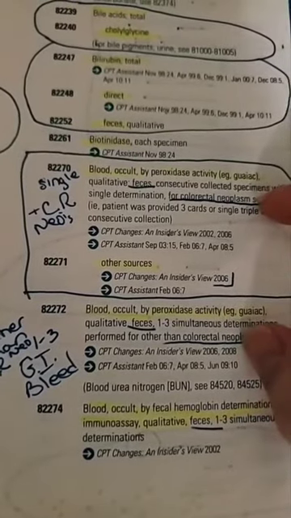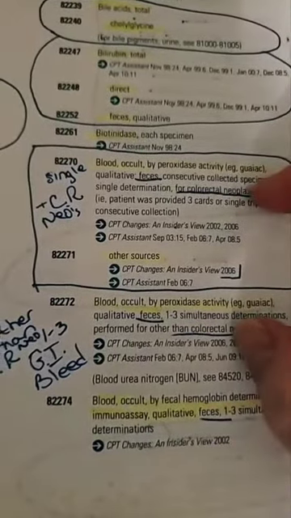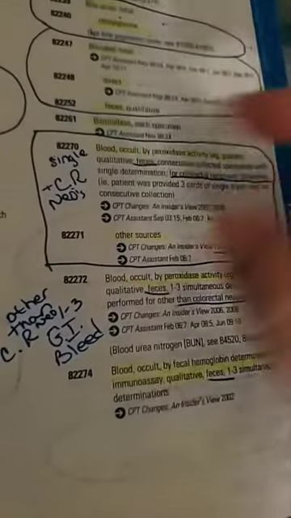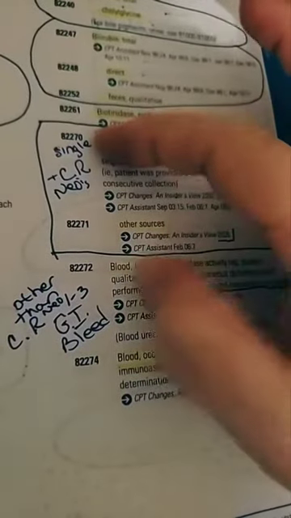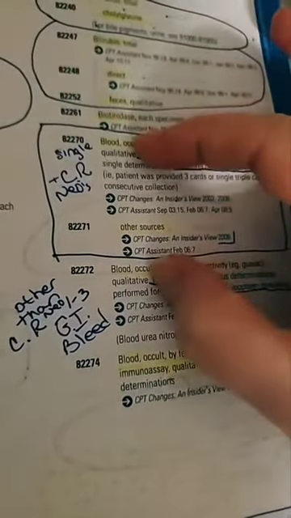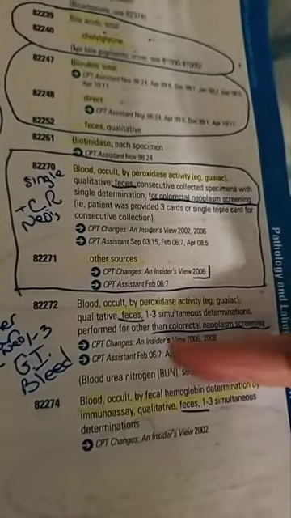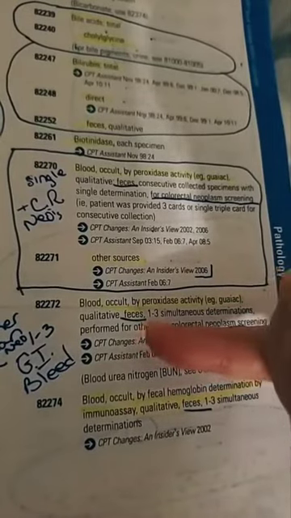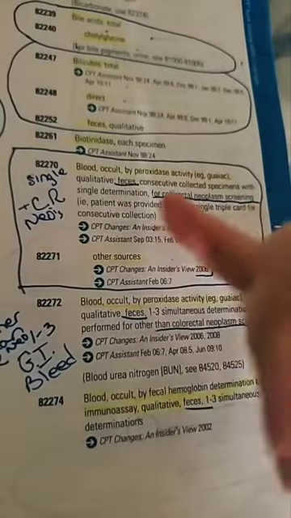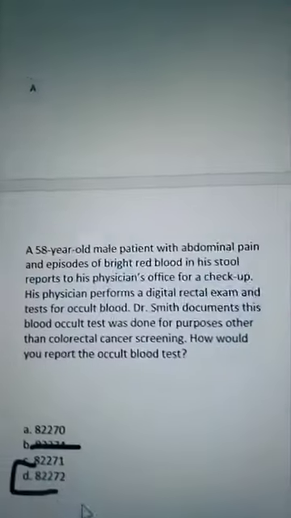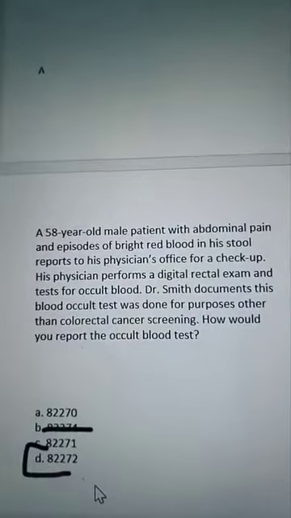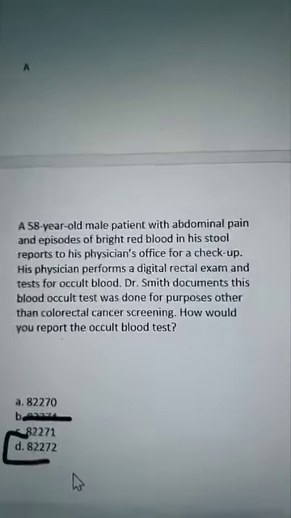I can't stress it enough, go through these codes in the book and write the differences down, especially on the ones that are word for word the same throughout the entire description. Then there might be one word difference. This said other than. Everything else was the same.